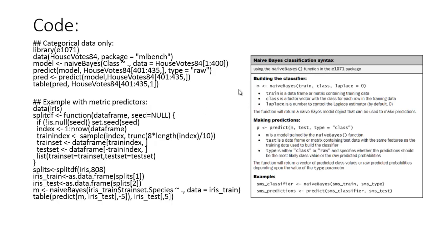I have given 2 code references: one for the households 84 dataset, which assumes independence among the variables, and the second is the iris dataset, which we have already seen in the KNN algorithm. The households 84 dataset consists of people who voted, and based on those votes there is a classification into 2 categories, namely Democratic and Republic.